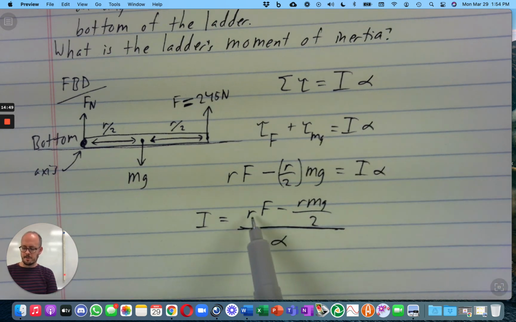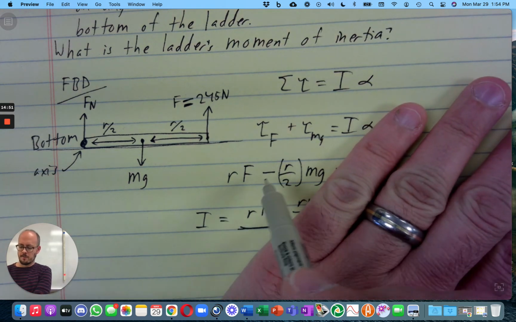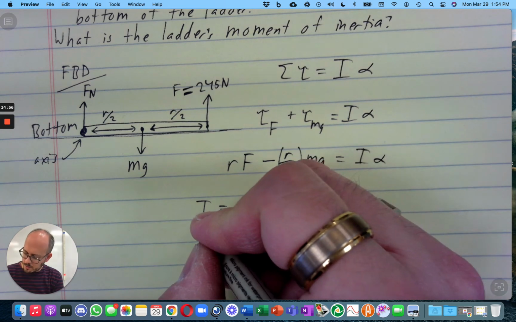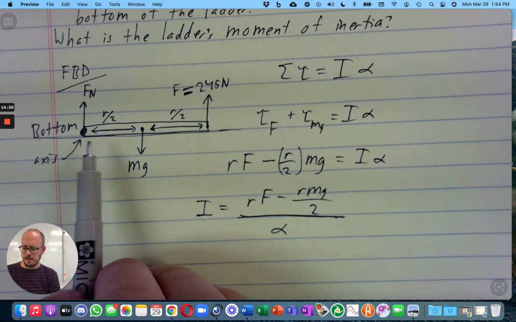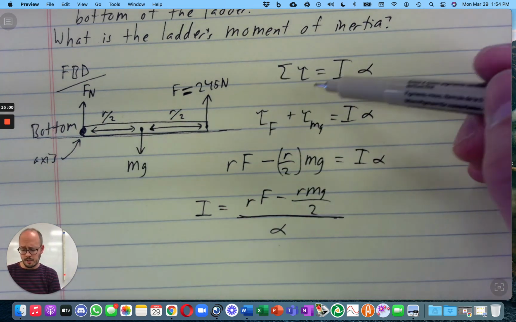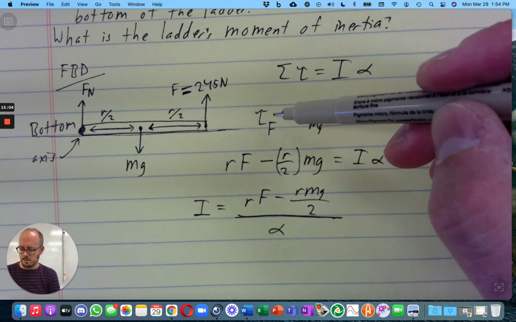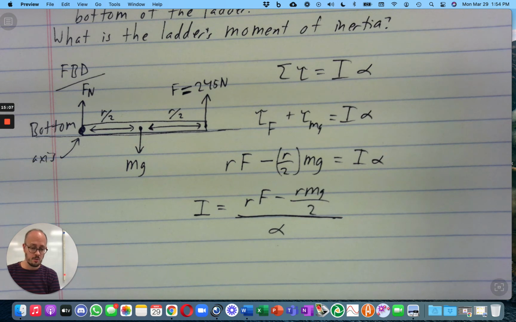It does ask for the net torque, and so you could just calculate Rf minus R over 2 mg before you calculated I. But since we're just finding I, that's it. So free body diagram, go to the second law equation. There wasn't anything extra funky going on here, just two torques that produce a net torque.